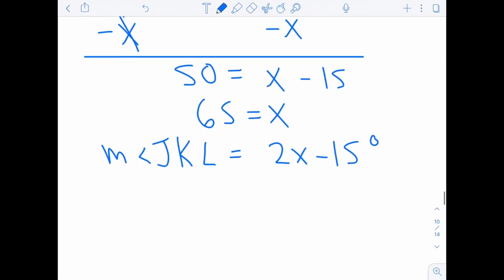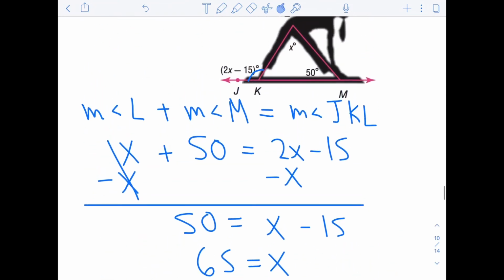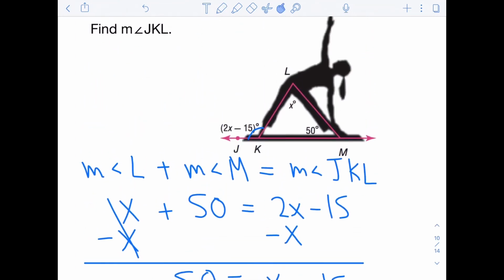And we know x is 65, so let's plug in 65. And 2 times 65 minus 15 is 115 degrees. So that means the measure of angle JKL is 115 degrees. And that makes sense because it looks like an obtuse angle. And we figured this out by using the exterior angle theorem.